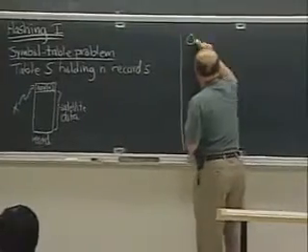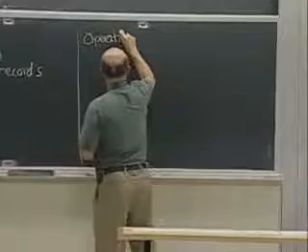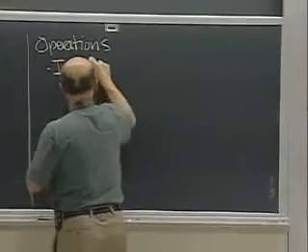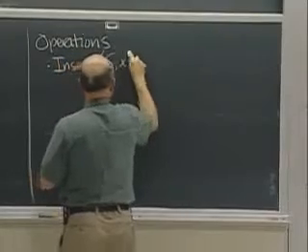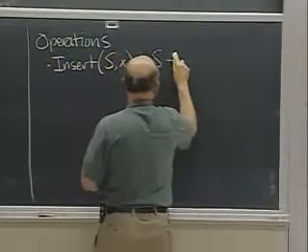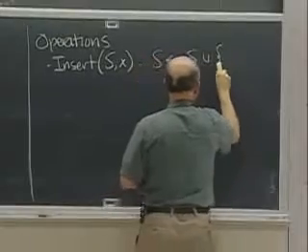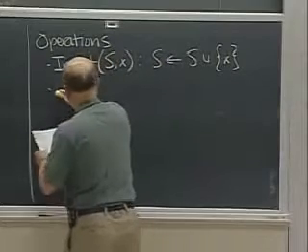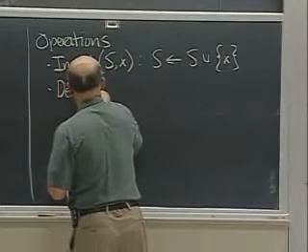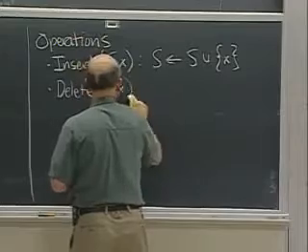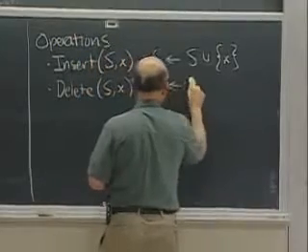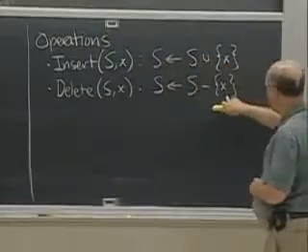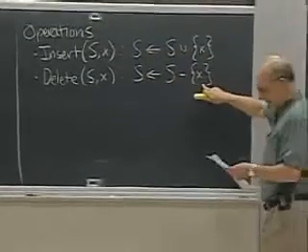And so the idea is that we have a bunch of operations that we would like to do on this table. So we want to be able to insert an item X into the table, which essentially means that we update the table by adding the element X. We want to be able to delete an item from the table, so removing the item X from the set.